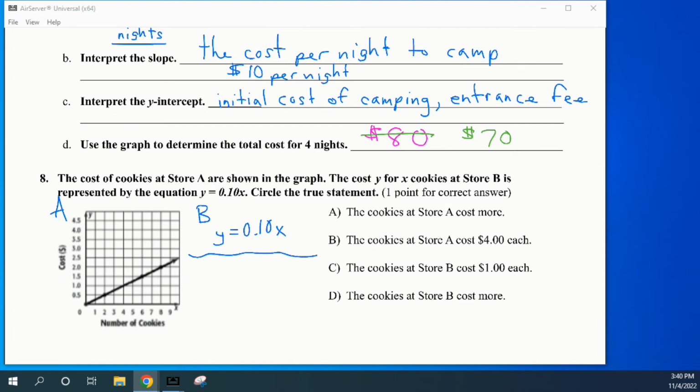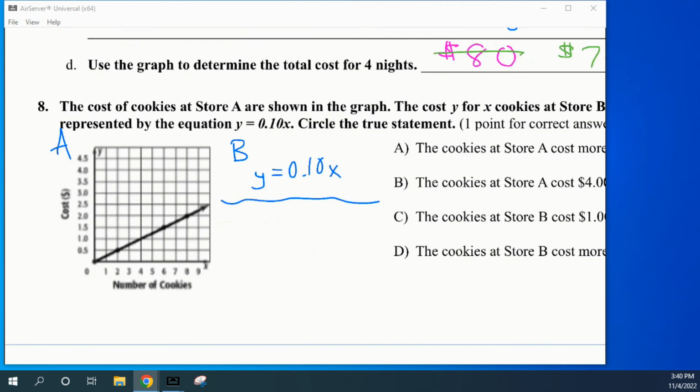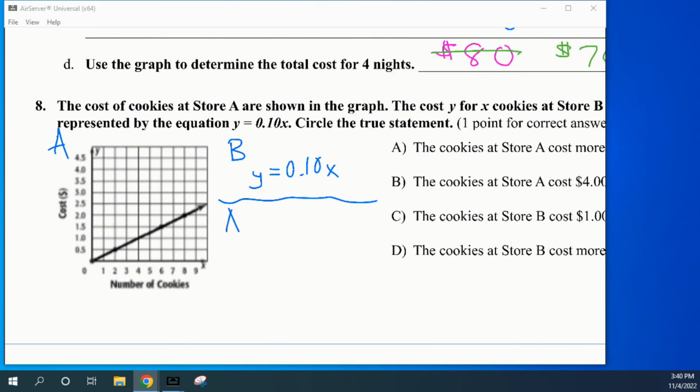You need to put them in the same form. The way that I did this was I took my graph and turned it into slope-intercept form. You can try to graph this, but with those decimals, I wouldn't recommend it.